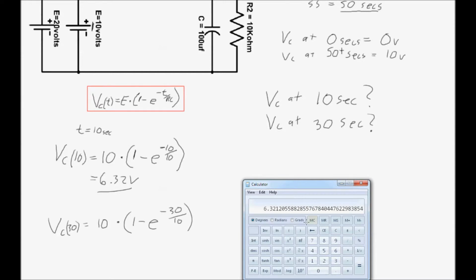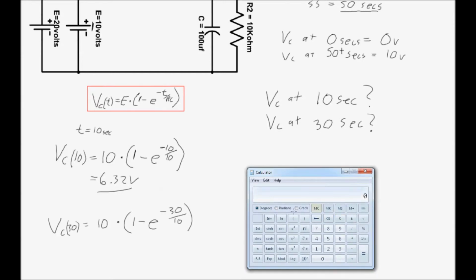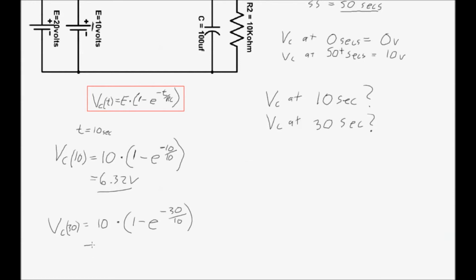So plugging it into our calculator, I have 10 times open bracket 1 minus e to the negative 3, close bracket, equals 9.5. So our voltage across the capacitor after 30 seconds have expired is now 9.5 volts.